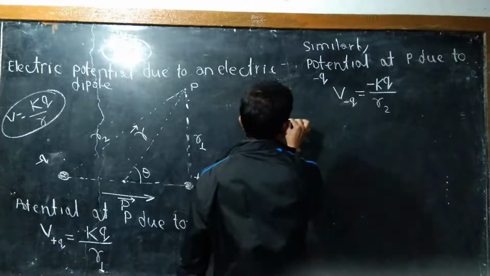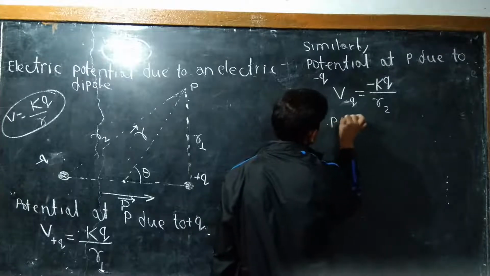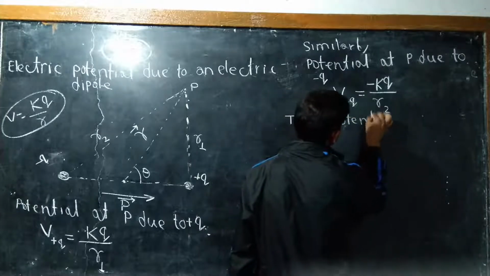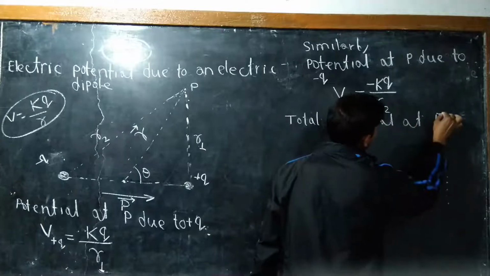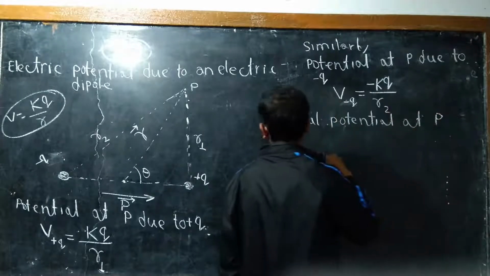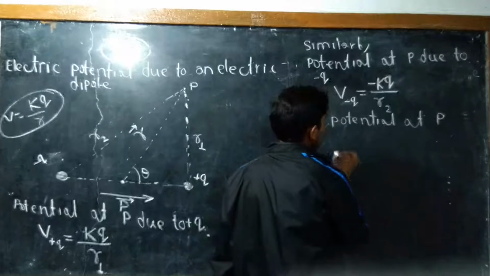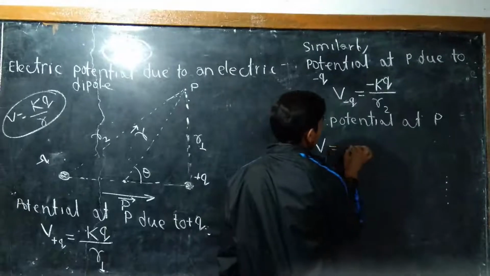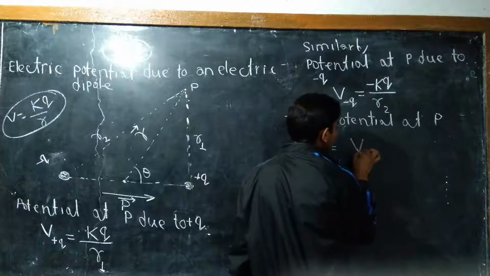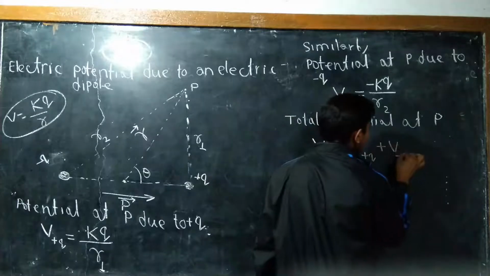So now total potential at P, it's the summation of this potential as well as this one, right? So total potential at P is V, right? And that V is the summation of potential due to plus Q plus potential due to minus Q.